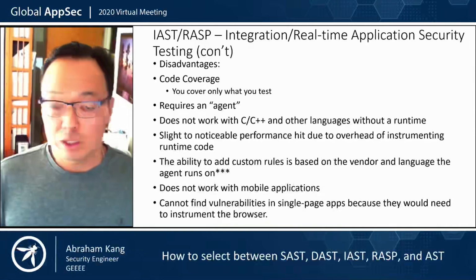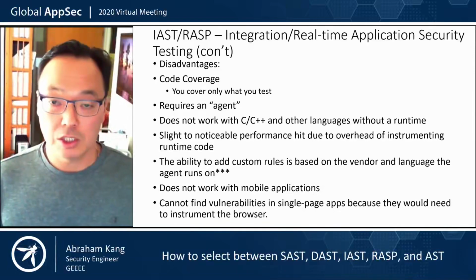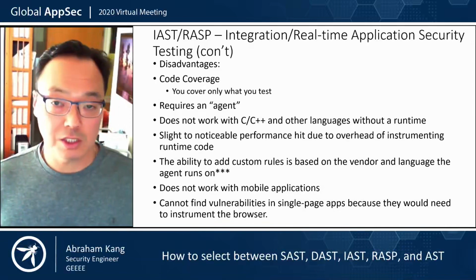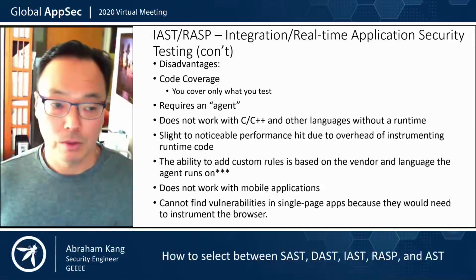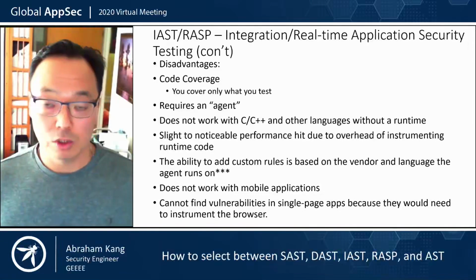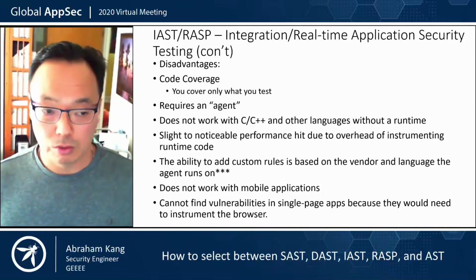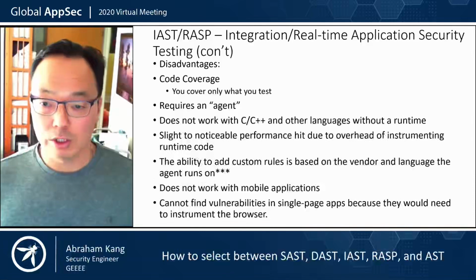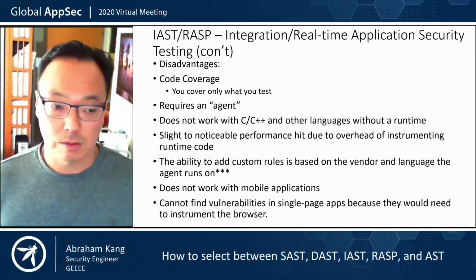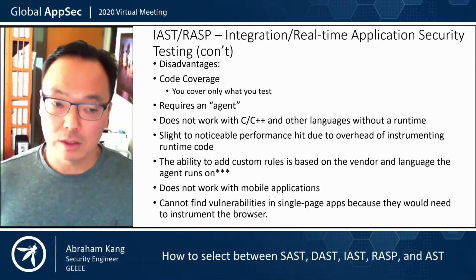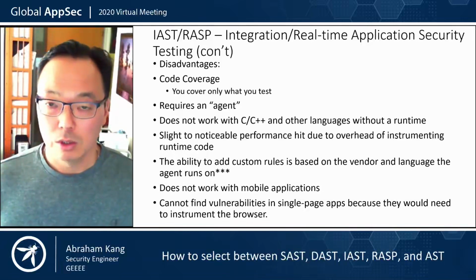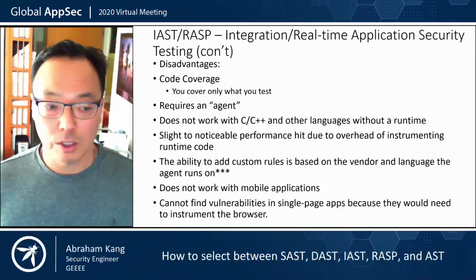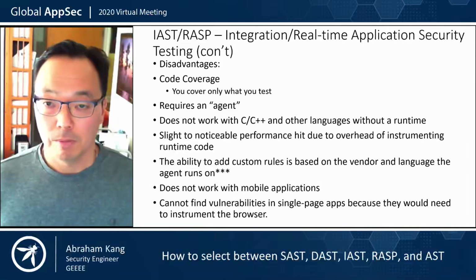In terms of the disadvantages, well, code coverage is going to be based on what you test. So if you don't test it, you're not going to find it. It does require an agent, which is going to limit where you deploy to. It doesn't work with languages that don't have a runtime, like C and C++. And there is a slight to noticeable performance hit due to the overhead of instrumenting the runtime code.